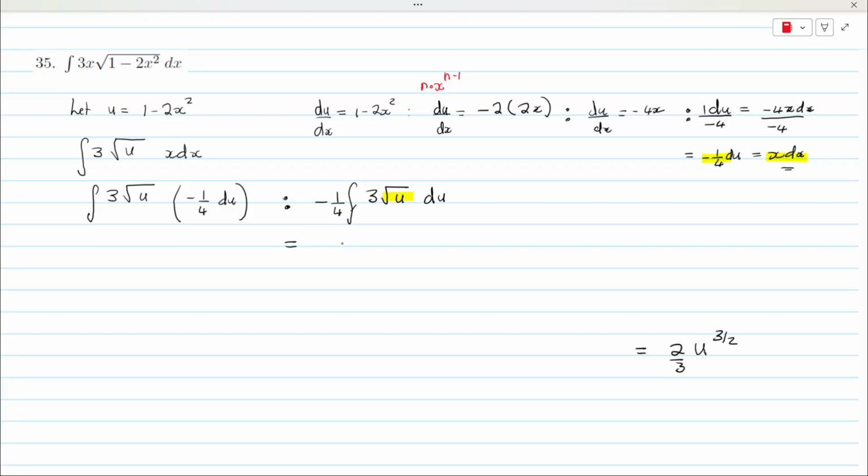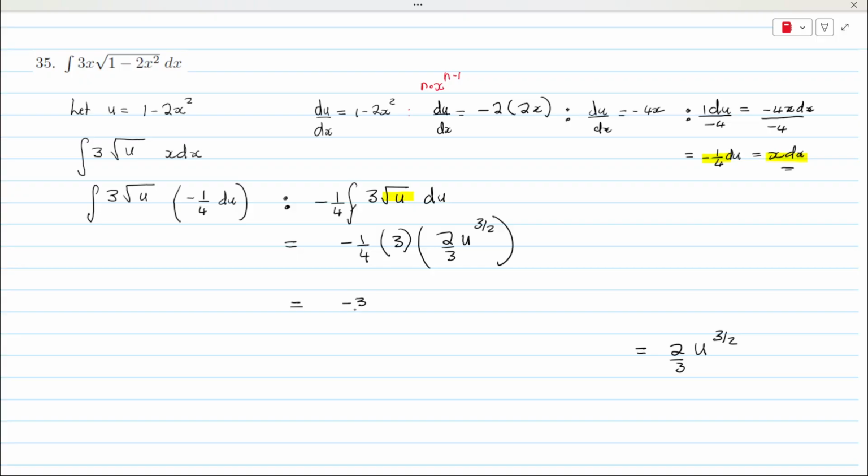So this becomes negative 1 all over 4, if I remove this and remove this, because I have evaluated this and that goes away. So this then becomes 3 multiplied by 2 over 3 u 3 all over 2, close brackets. Okay, so this is then equal to negative 1 all over 4 multiplied by 3.